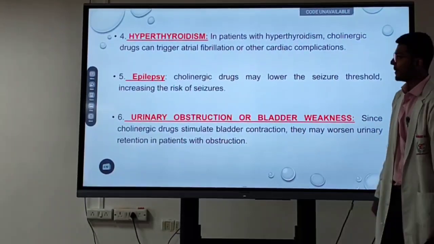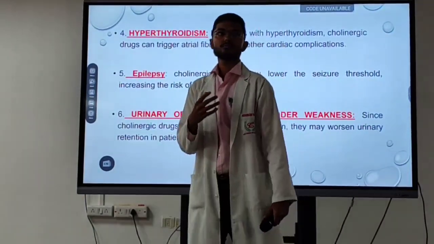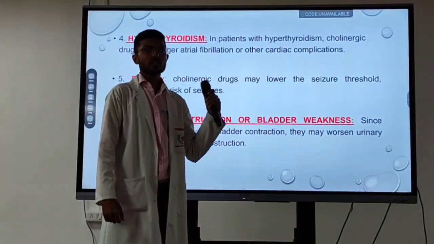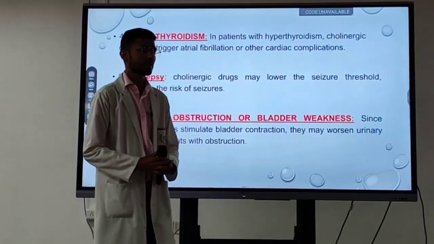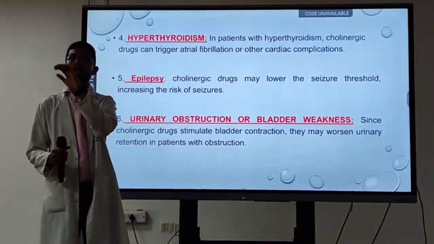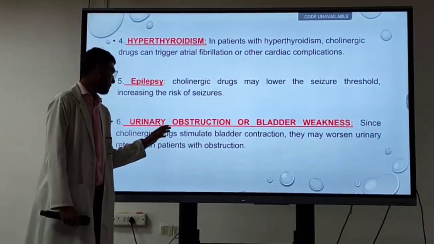Now, epilepsy. We know in epilepsy there are frequent attacks. When cholinergics are given in patients with epilepsy, what happens? The seizure threshold is decreased, leading to more frequent attacks of epilepsy.